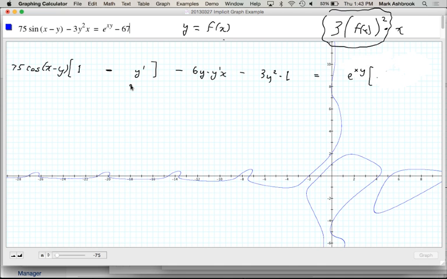So we're going to do e to the xy times the derivative of the interior function, which is a product, so times the product rule, right? So we're going to do derivative of the first, 1, times the second, y, plus the first times the derivative of the second.